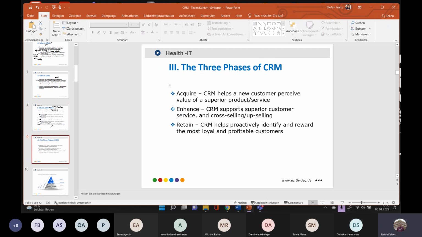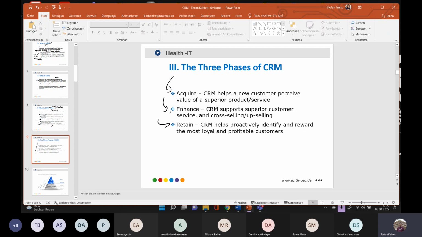So usually CRM has 3 phases, which is acquisition, enhancement, and retain. Acquire is clear. You always look out for new clients. You offer services. This can also be in the health industry, that you offer services for certain examinations or physical trainings or stuff which you want to offer.